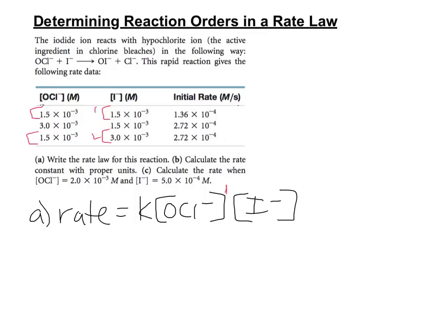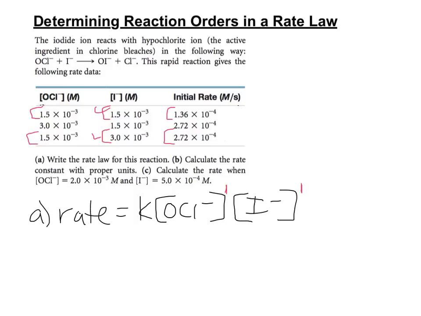You see, from 1.5 to 3, that is a doubling. So we should also see a doubling in the rate of reaction. And if we do see that, 1.36 to 2.72, since we do see that, we know that it is directly proportional, so it's also a first order reaction.